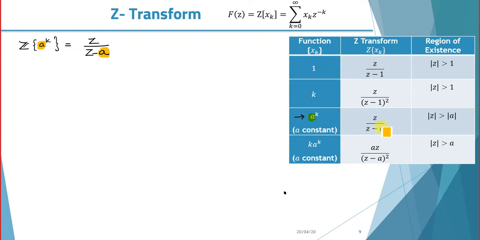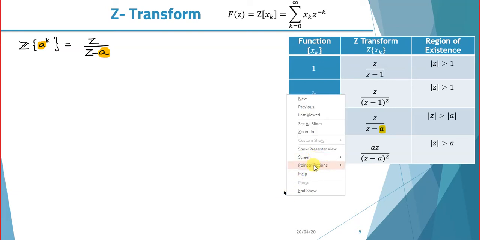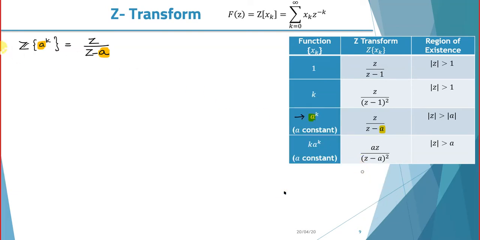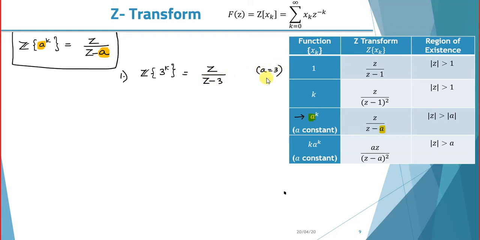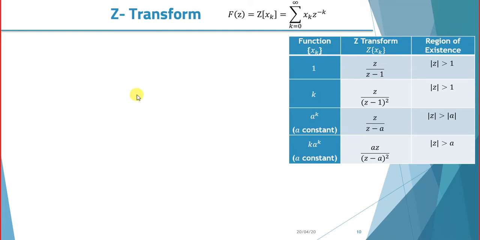If a is plus, you make it minus; if it is minus, you make it plus. How will this rule work? For example, take the Z transform of 3 to the power k. This will be z over z minus 3, because here we have a as 3.